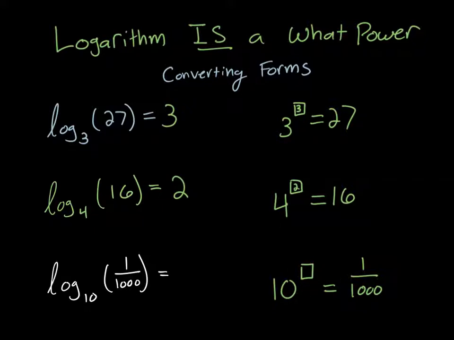So I know it's going to be a negative, and the negative only turns it into a fraction. So it's negative 3, because 10 to the third power is 1,000, so 10 to the negative 3 is 1 over 1,000. The answer is negative 3.